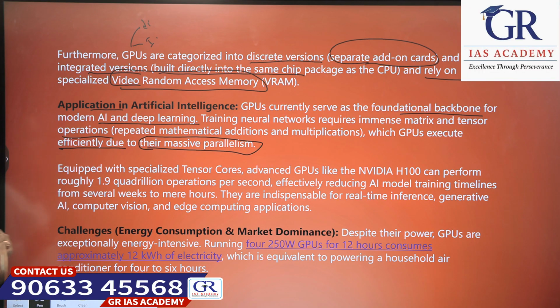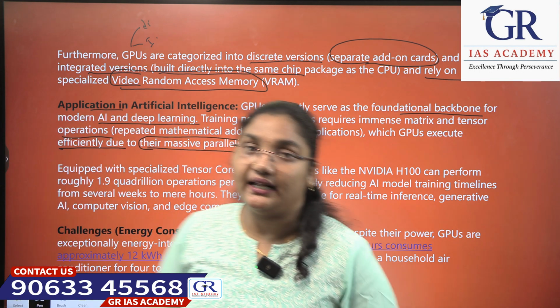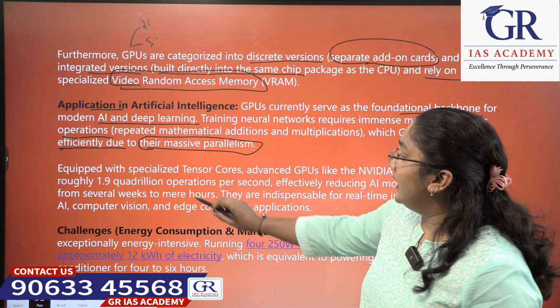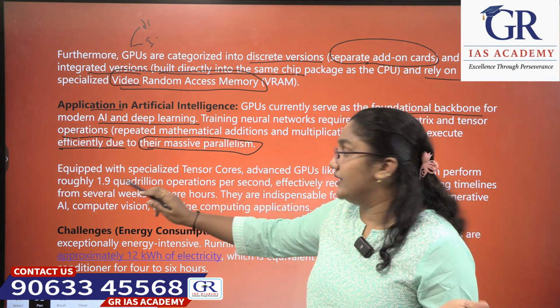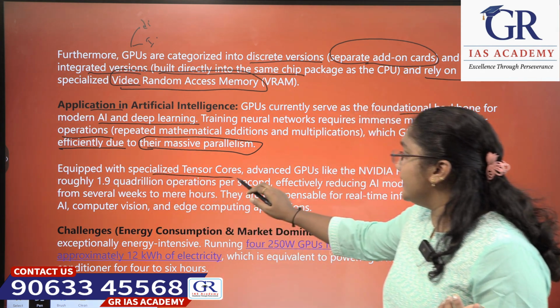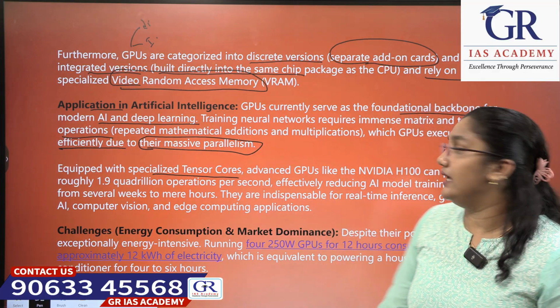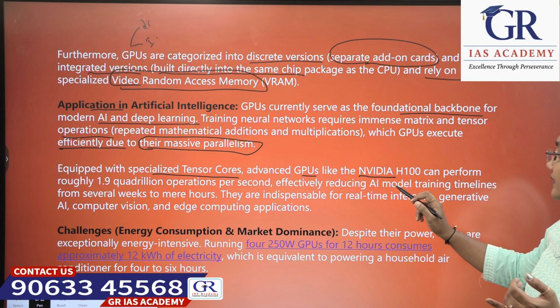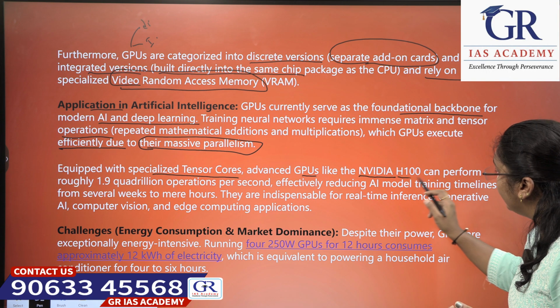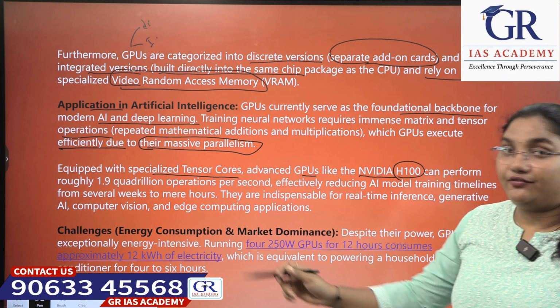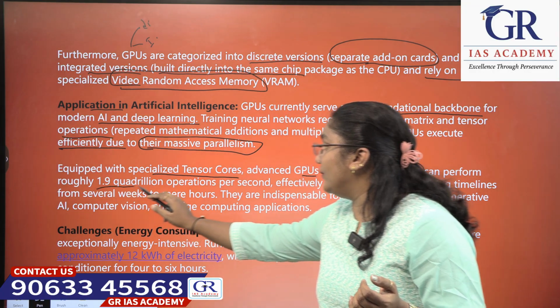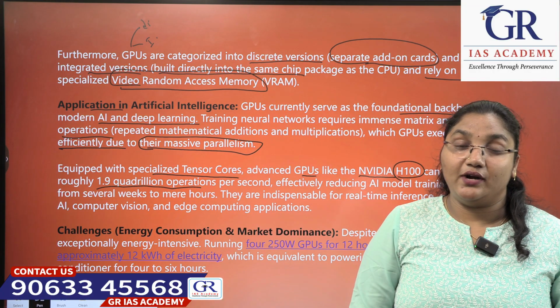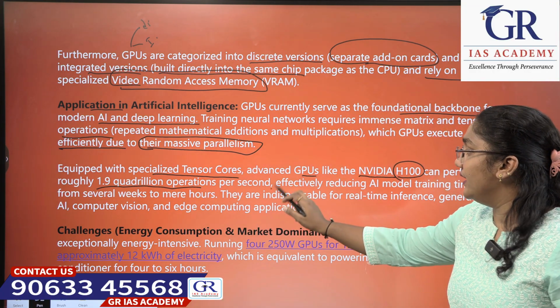These GPUs are generally equipped with specialized tensor cores. Advanced GPUs like the NVIDIA H100 can perform roughly 1.9 quadrillion operations per second.